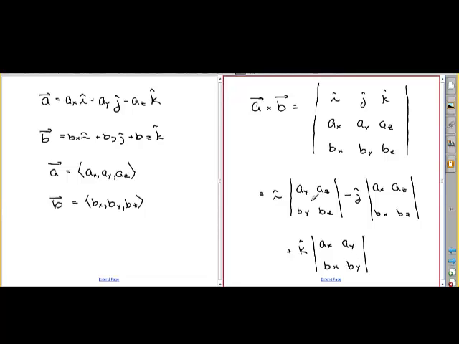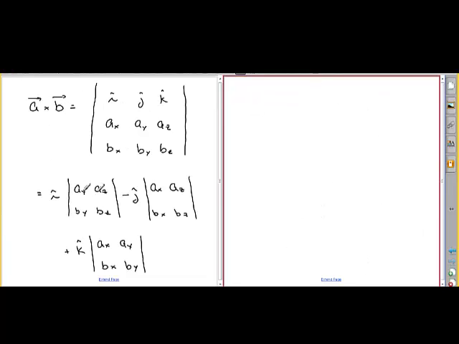Now all these A's and B's are numbers, so you're going to get a numerical value out of these calculations. And then you multiply them by the unit vector, which will ultimately end up giving you a vector. Now, to do these determinants, you take this times that, and then you subtract this times that. So you'll have A sub y times B sub z minus A sub z times B sub y.